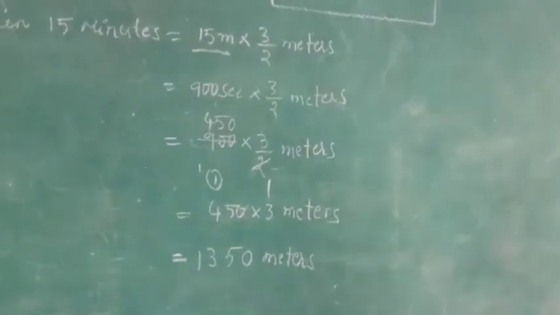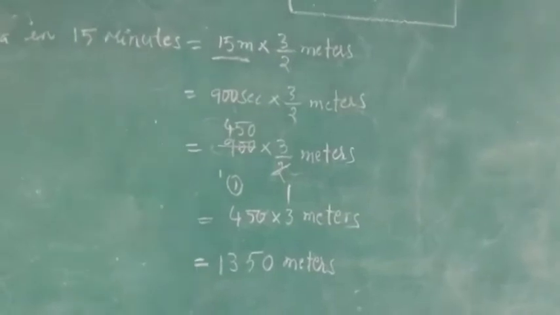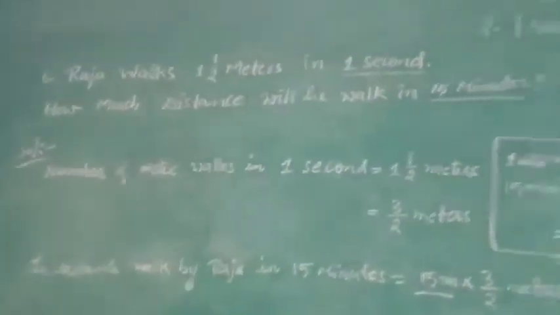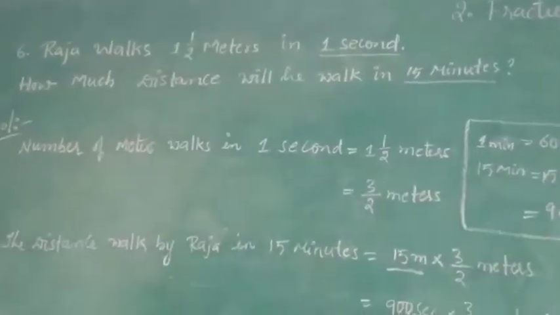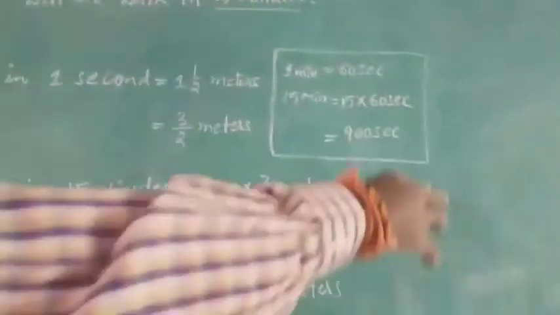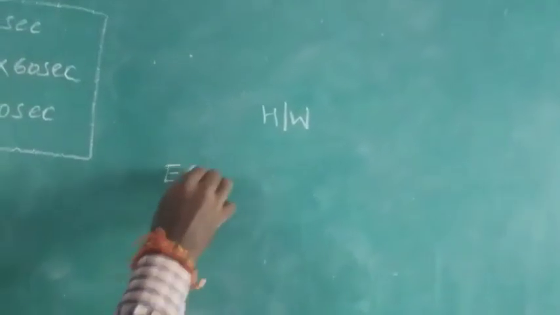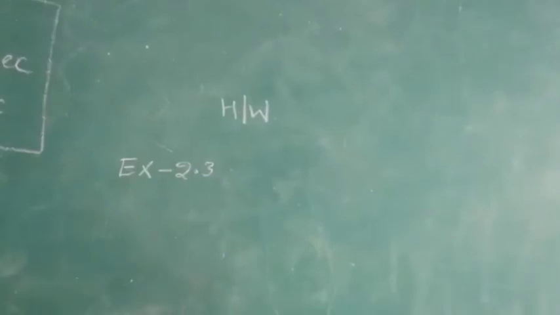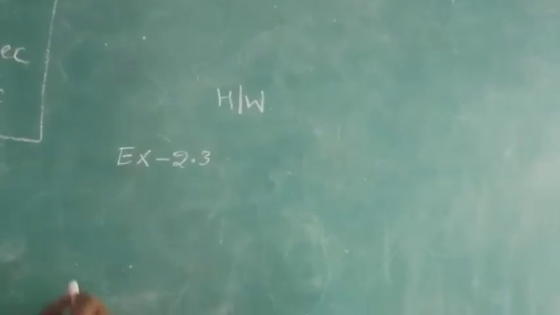So now I would like to give you the homework. What is the homework? I will write it. Now concentrate on the homework. The homework is exercise 2.3, meaning second chapter, third exercise.